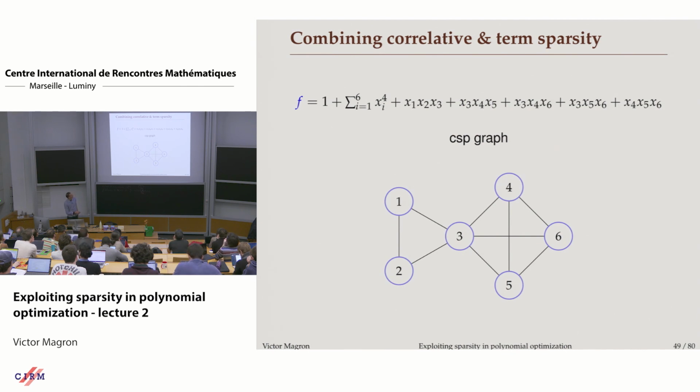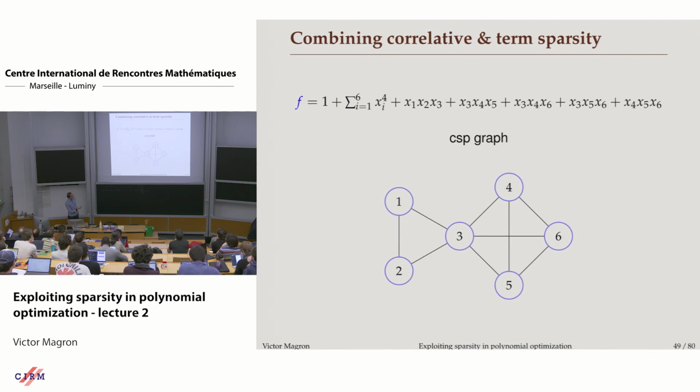So here, I'm going to do the combo. I'm going to start with correlative sparsity. It's a 6-variable problem. Also for those who missed the course yesterday, you can have a brief reminder about correlative sparsity. So here I draw edges when I have a product of variables appearing in the support.